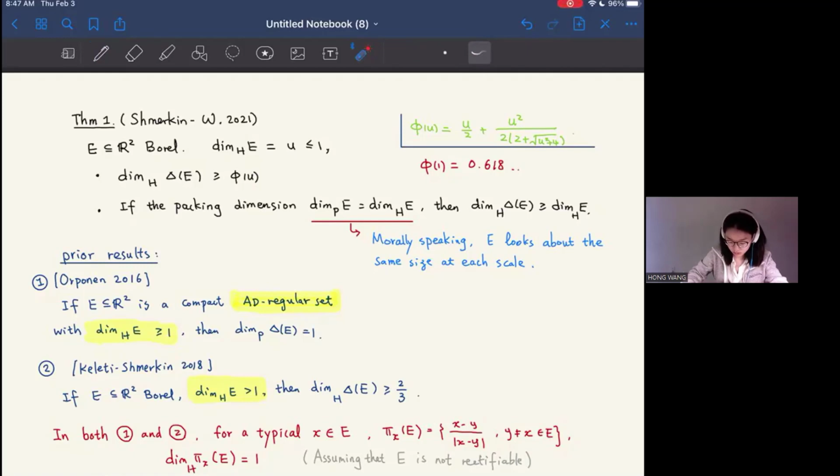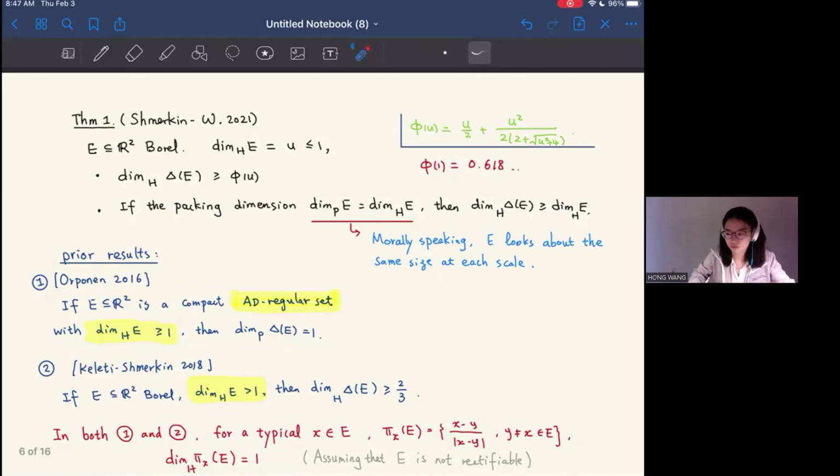But this is a very strong condition, and for general sets we don't know. And later we will see what we knew before. So all of those prior results have one common theme: the radial projection image has full Hausdorff dimension. And later we will see how this property comes into play.